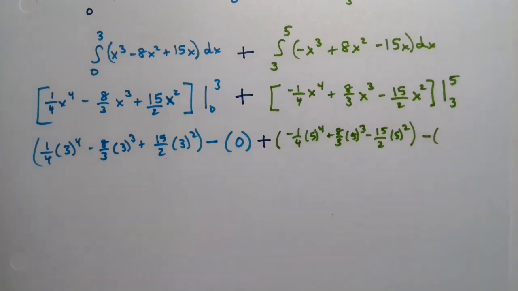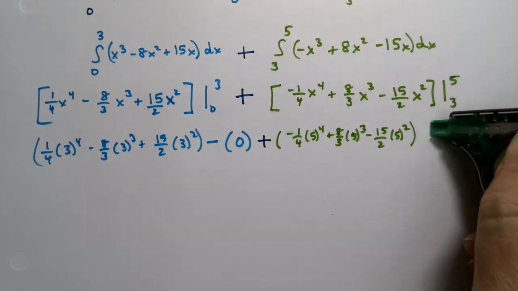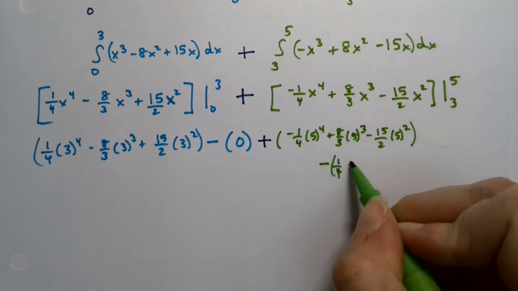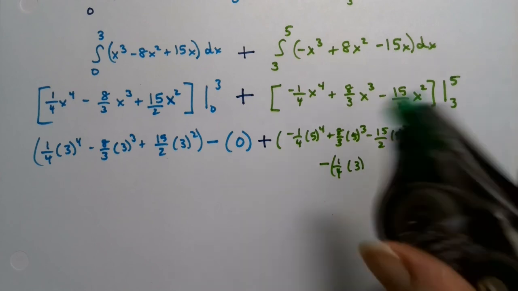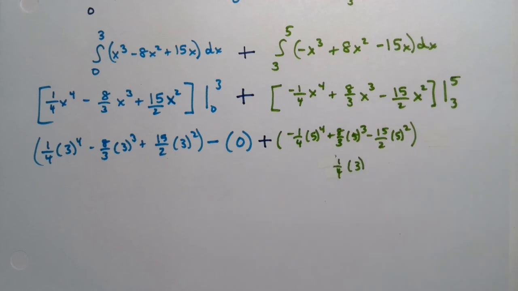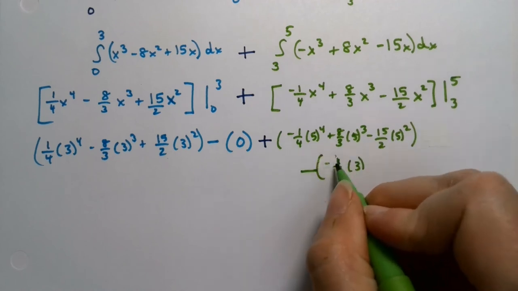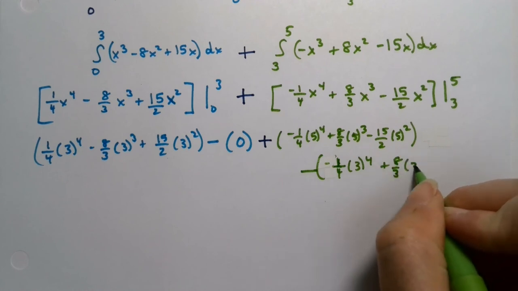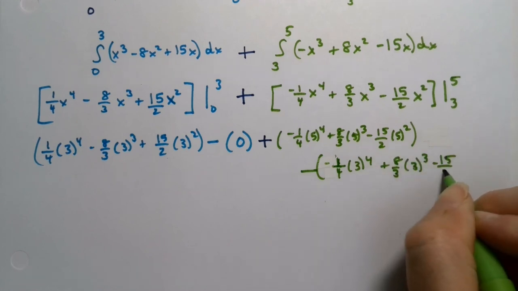I'm going to have to put it down here. Sorry, because I won't be able to fit this in. So minus 1/4 times 3 to the 4th. Oh, sorry. There's a minus and a minus. Hold on. Minus negative 1/4 times 3 to the 4th plus 8 thirds times 3 to the third minus 15 halves times 3 squared.